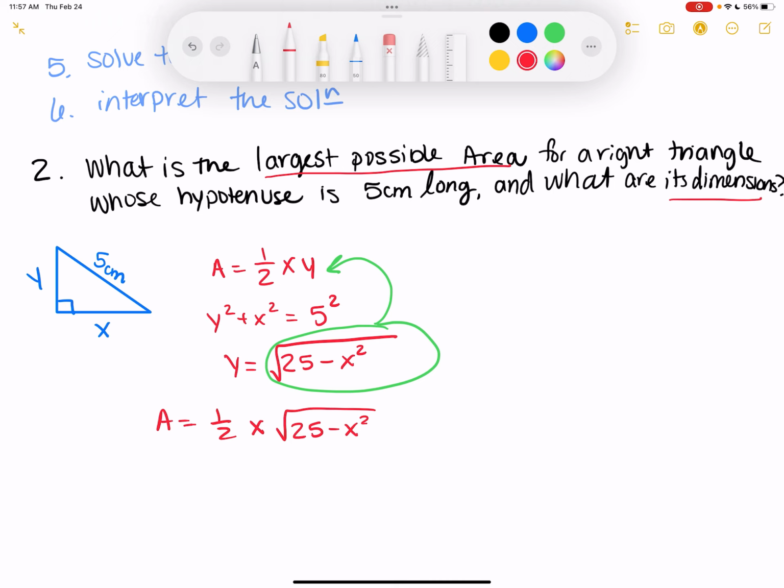Another way I can write a square root is as a power of what? Okay, so I can rewrite it as 25 minus x squared raised to the 1/2.